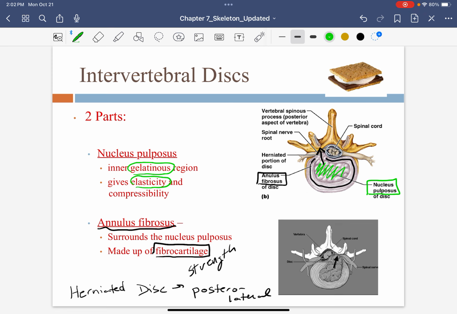If you think about that s'more analogy, all right? Now, think about it. Do we spend more time in our everyday lives in trunk flexion? Remember, flexion is forward. So if you bend at your waist, that's trunk flexion. If I bend down to pick up a box, bending at my trunk is flexion.